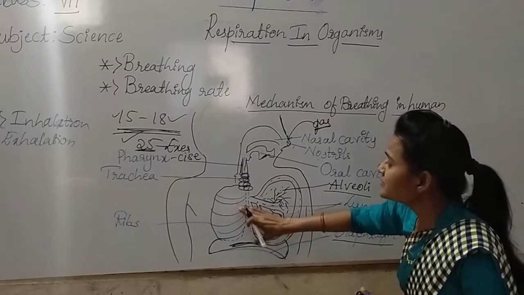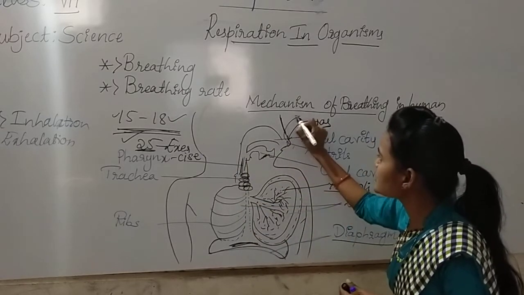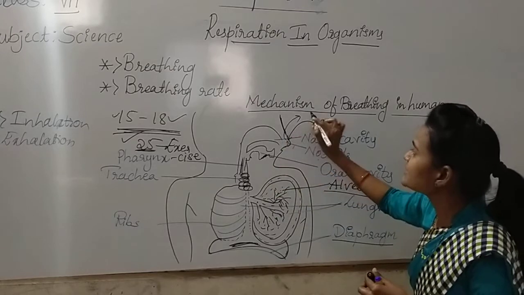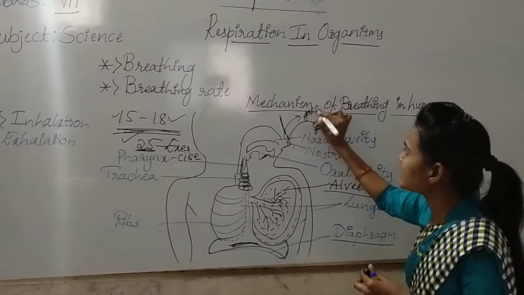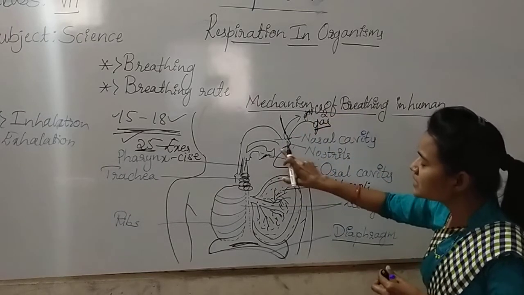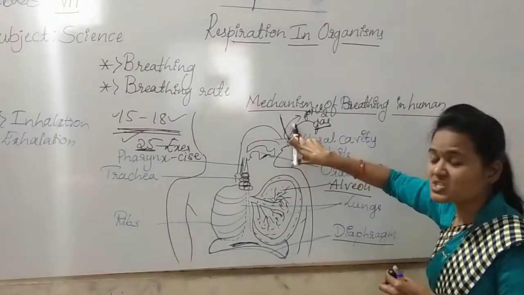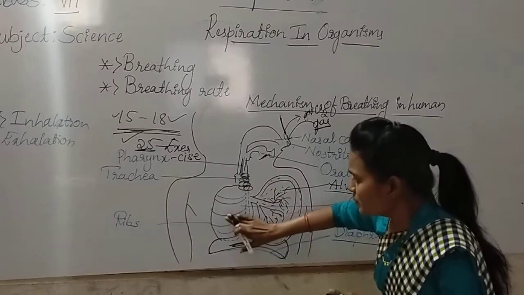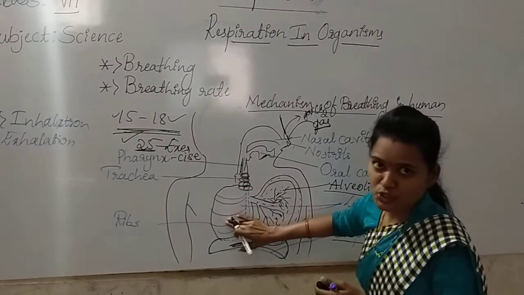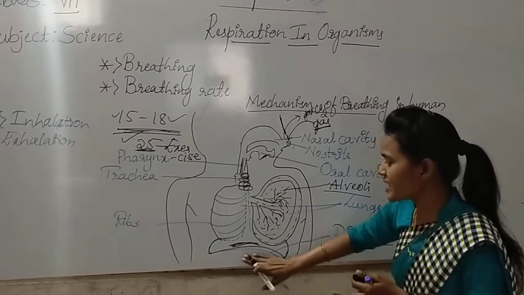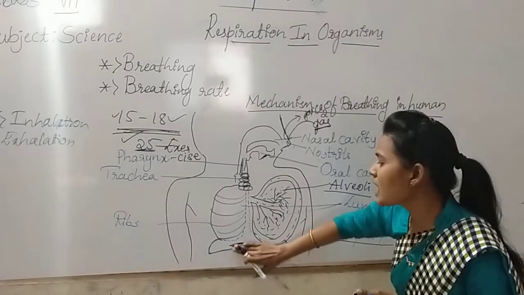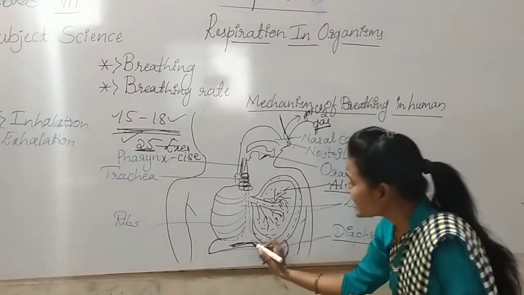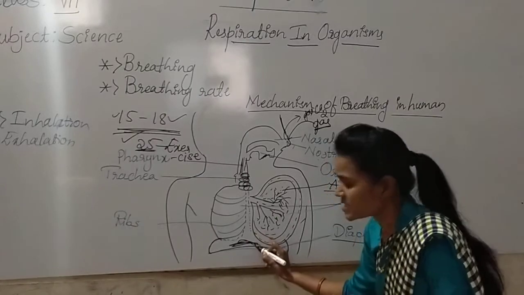And whenever we are leaving out the gas which is rich in carbon dioxide, the rib cage moves backwards, and the diaphragm will be moving upwards. So there is less space here.